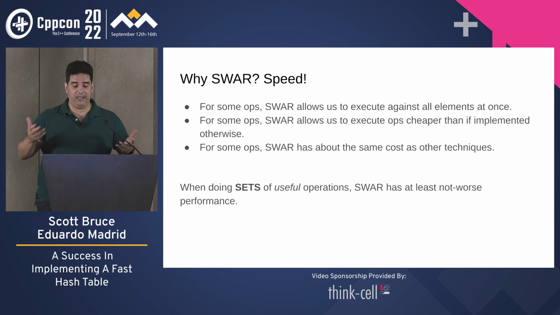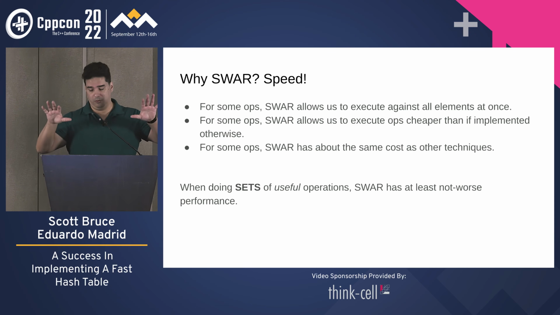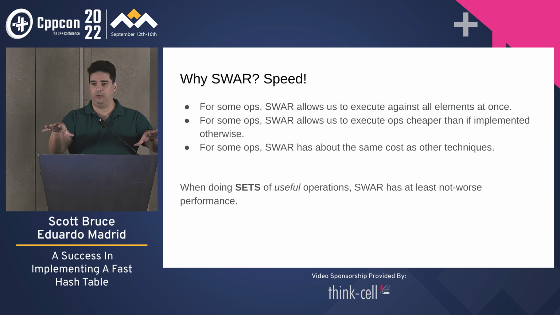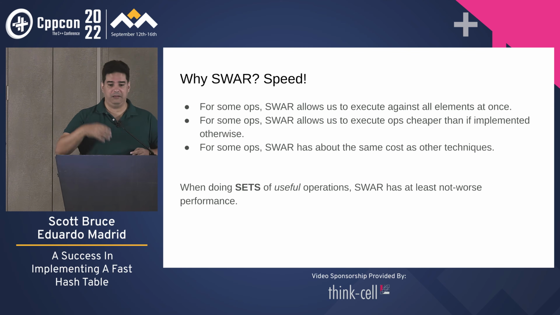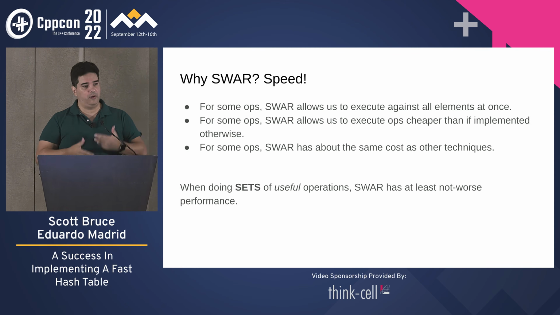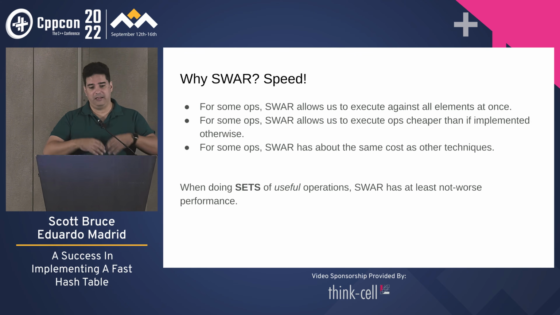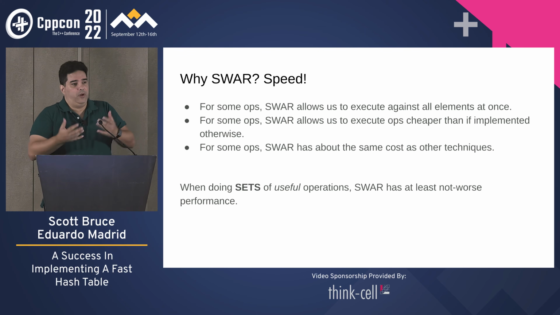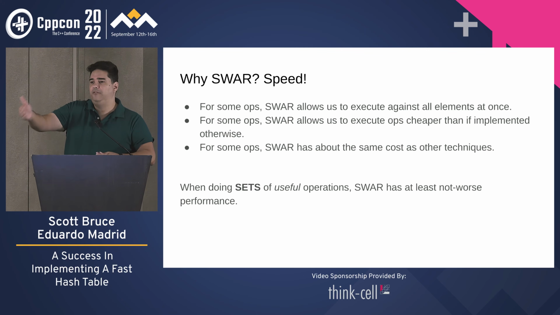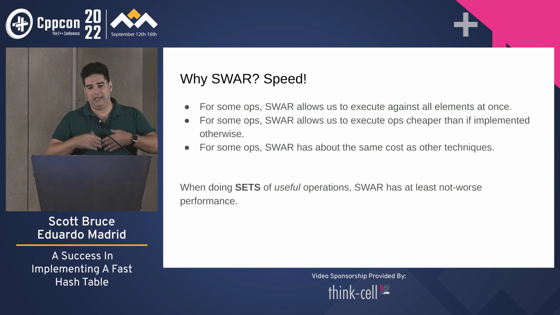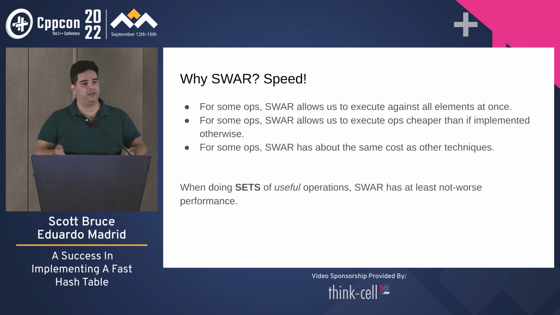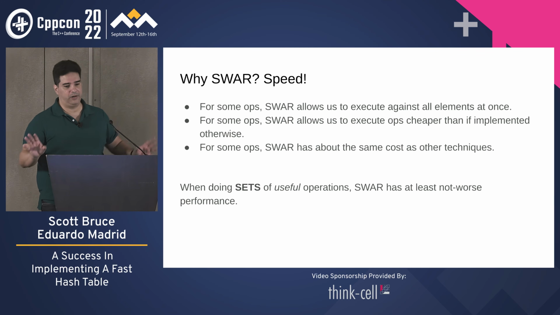When SWAR is giving us a benefit, we're executing all elements in parallel at once, so we're achieving true parallel computation performance. Sometimes it gives us the opportunity to implement things that would be cheaper than otherwise. And sometimes when we have to iterate over each of the elements in a SWAR, then we're back to entirely serial, which is more or less about the same cost as not having SWAR at all.